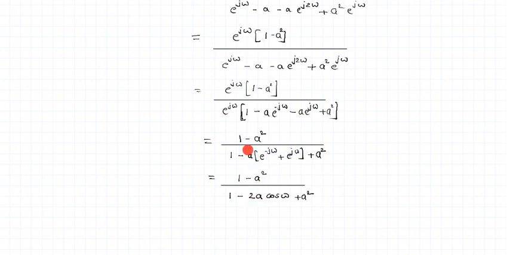It is as if we multiplied and divided by 2. So this term becomes cos. So what we get is 1 minus 2a cos omega plus a square. So this is the way the equation which was in this form has been simplified, solved, and has been put in the form of 1 minus a square divided by 1 minus 2a cos omega plus a square.